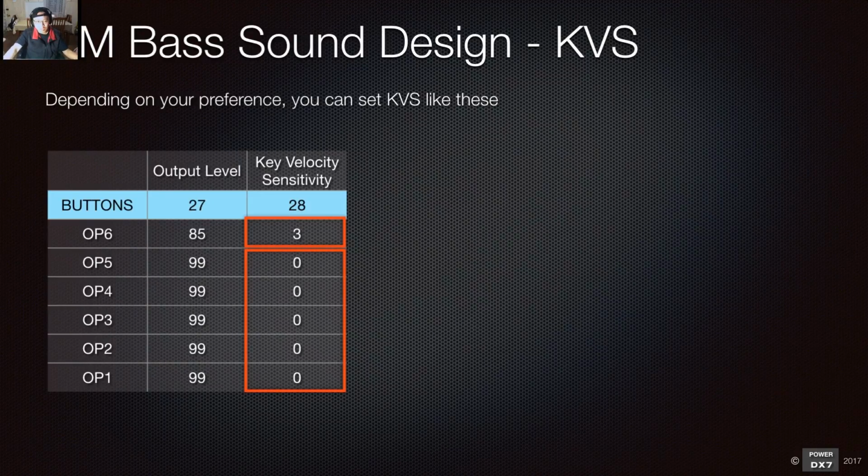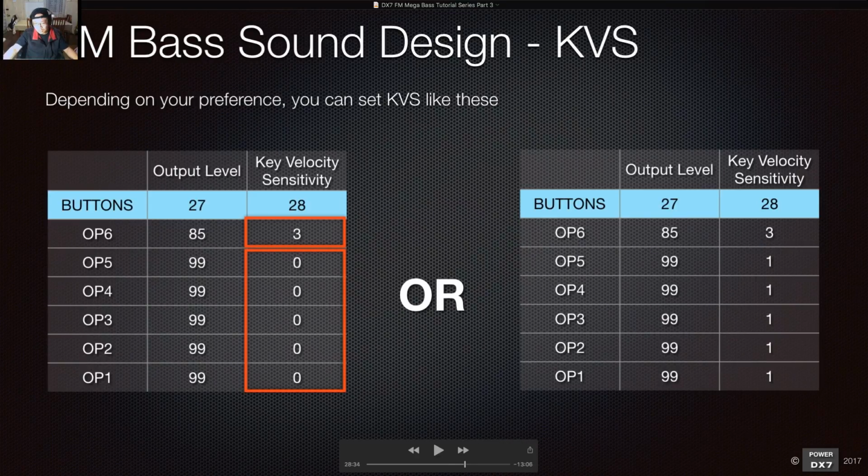For operators 1 to 5, you may not put anything, but if you want to, you could put 1, which reduces the volume a little bit in terms of sine wave output. But for a sub bass type sound, you probably want the maximum sine wave output regardless of the key velocity sensitivity.